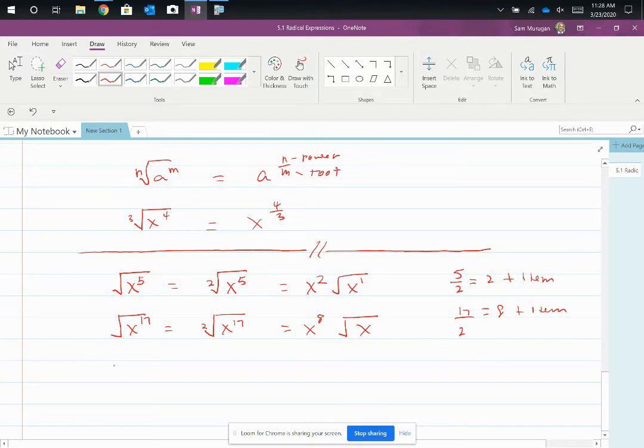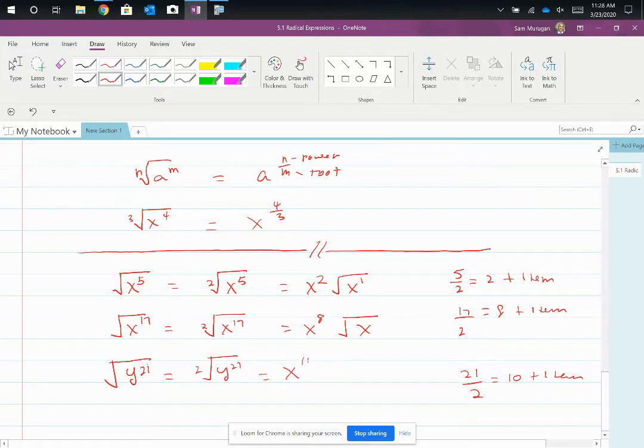If I have the square root of y to the power 21, 21 divided by 2 is 10 plus 1 remainder.